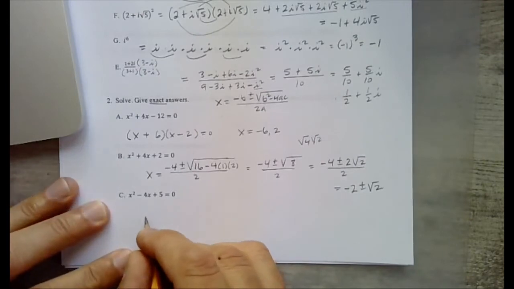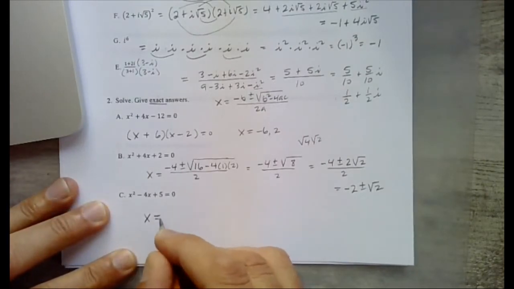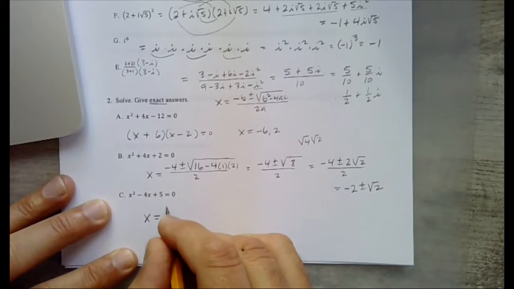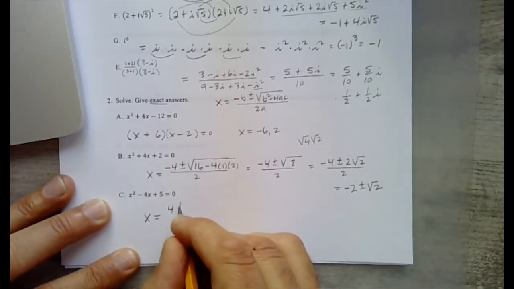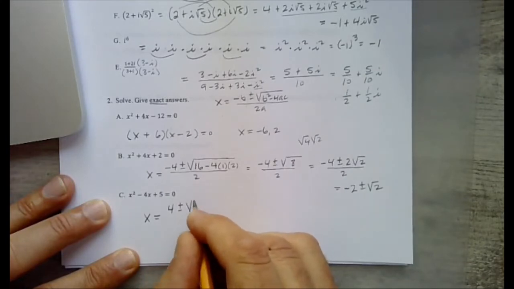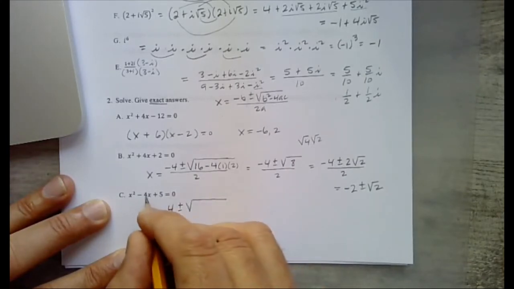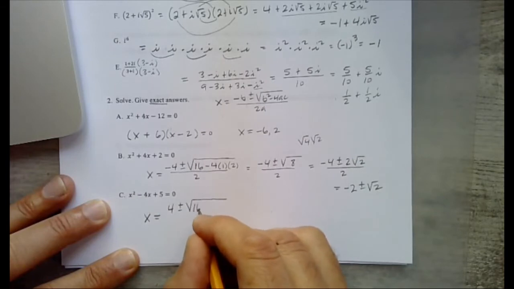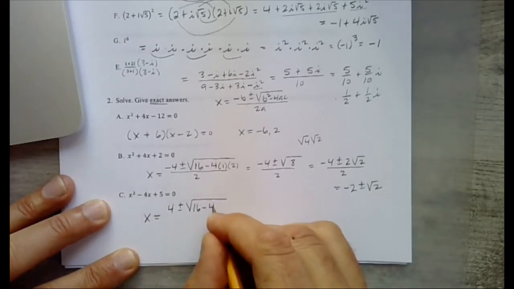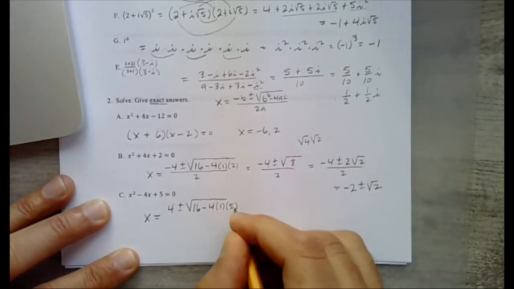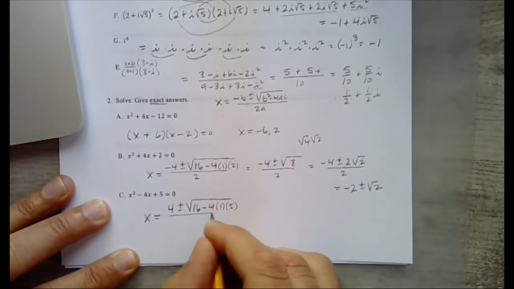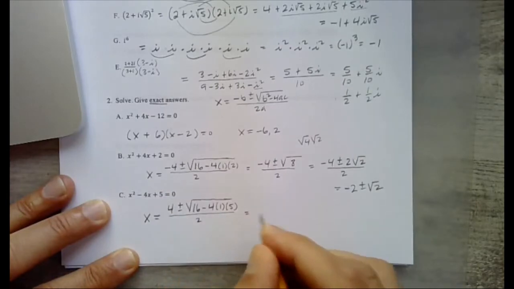I can't get negative 4 from that. So I'm going to use the quadratic formula again, and I'm going to get x is negative b, which is negative negative 4, positive 4, plus or minus the square root of 16 minus 4 times 1 times 5, all divided by 2.